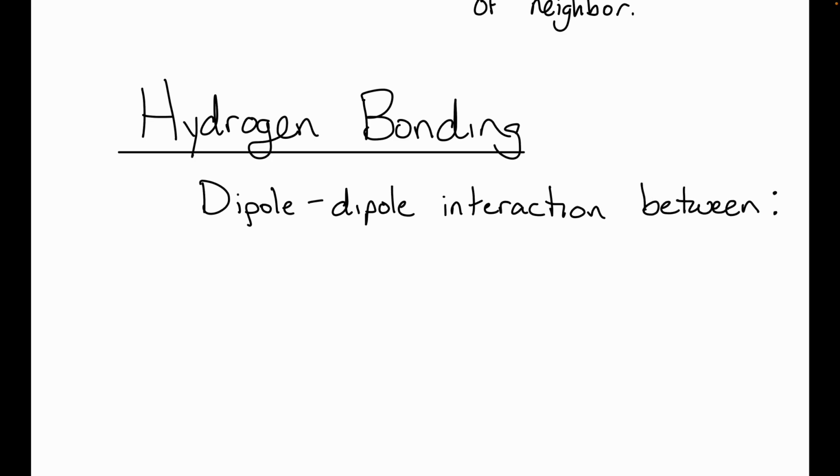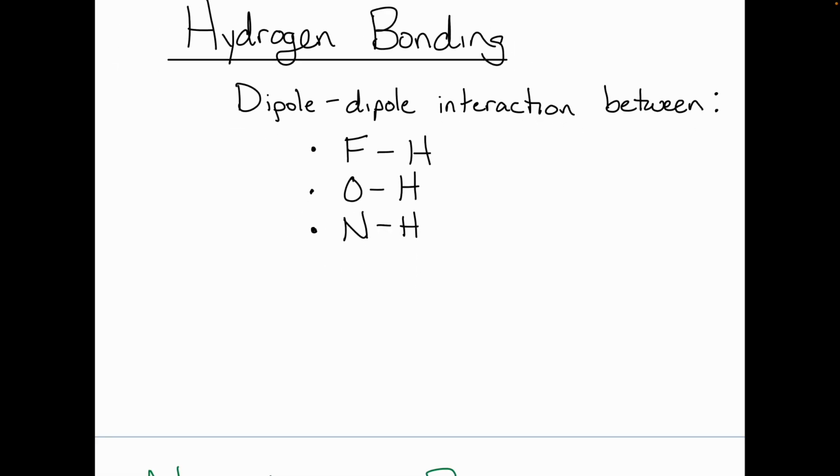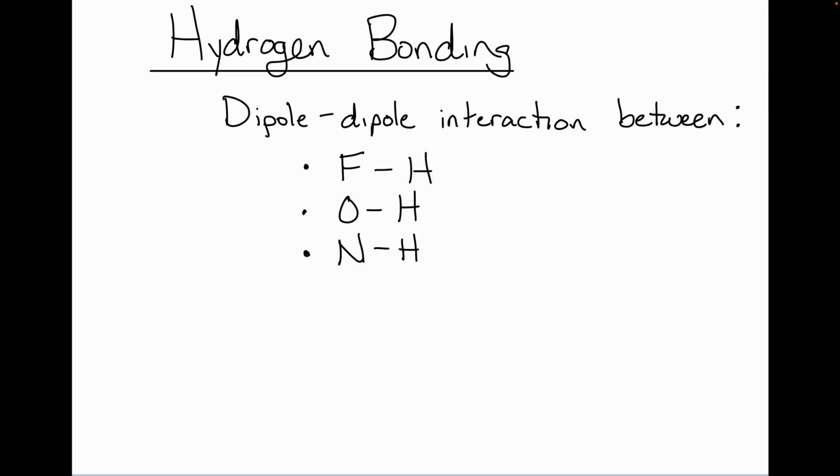Between molecules that have, and what we're going to see is they're all of our teeny tiny, very electronegative elements, a fluorine-hydrogen bond, an oxygen-hydrogen bond, or a nitrogen-hydrogen bond. All right, so I'm saying it's just another dipole-dipole interaction.